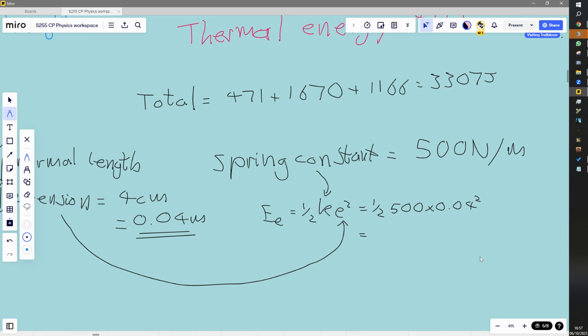Okay, so it's still pretty weak, really. Only when I've stretched it by that, it's only storing 0.4 joules. Now, 500 newtons might be a big force, but a meter is a huge extension. So this is still a pretty low spring constant.